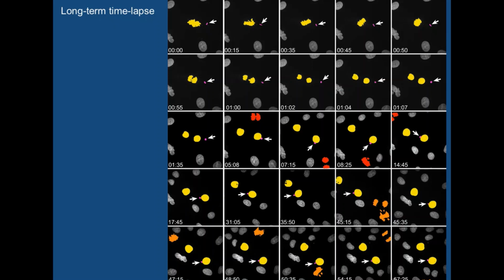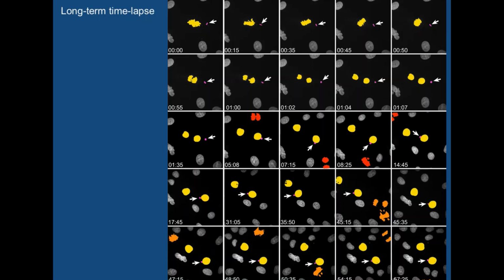Here's just an example of an individual cell that's in mitosis that is yellow, and it has a chromosome that has not aligned, which is purple. We're looking at fluorescent histone proteins. As the cell goes through division and forms two daughter cells, which are the two yellow circles, there is a micronucleus that forms, which is the little purple dot denoted by the arrow.